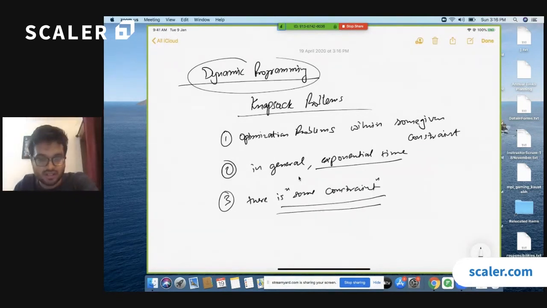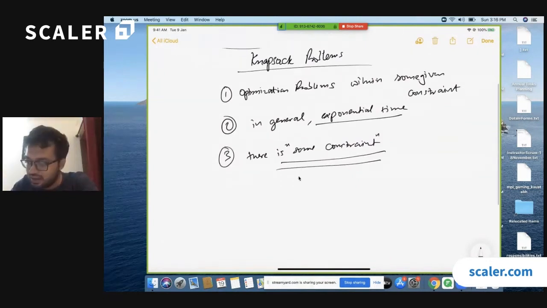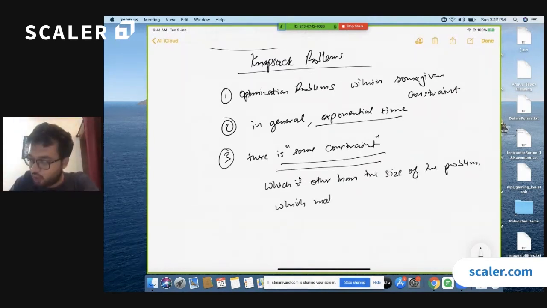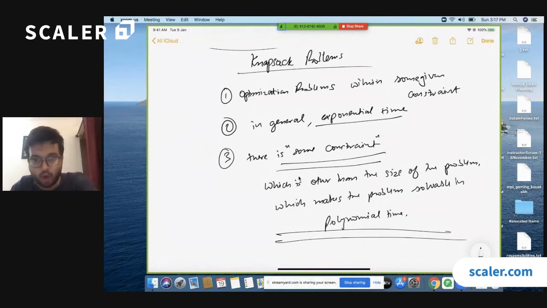We will see what this constraint is in different knapsack problems. There is some constraint which is other than the size of the problem, which makes the problem solvable in polynomial time. Now we are going to see what kind of a constraint we are talking about here.